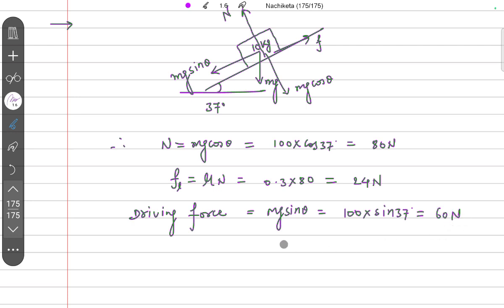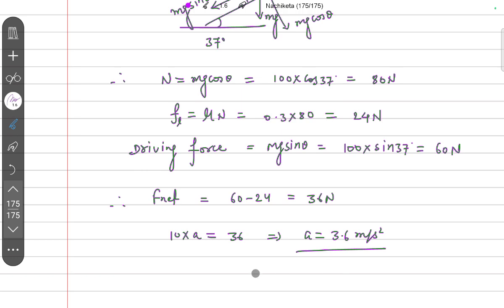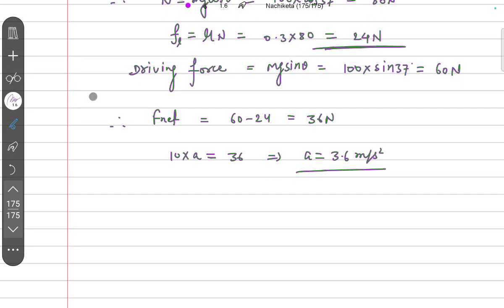So of course, driving force is more than limiting. So of course, it has to be kinetic. Understood? Correct. And friction is kinetic. Of course, that we got 24 newton.